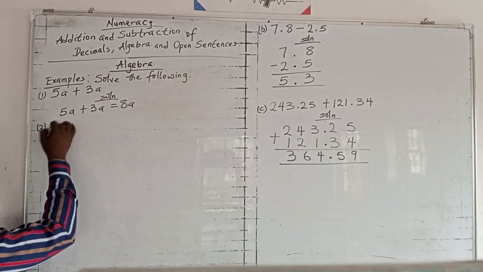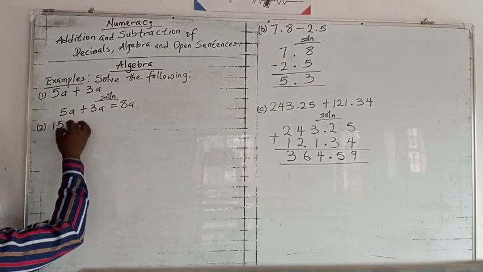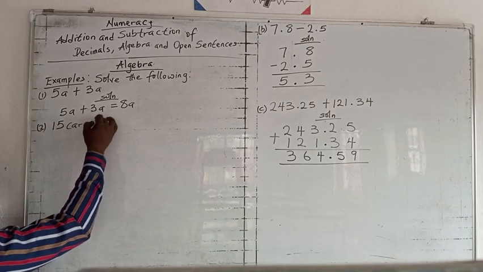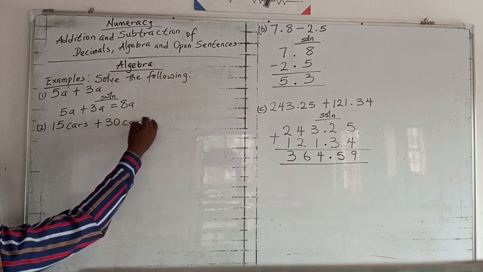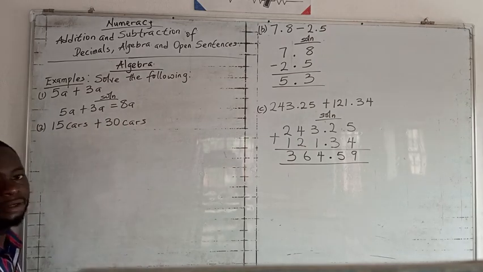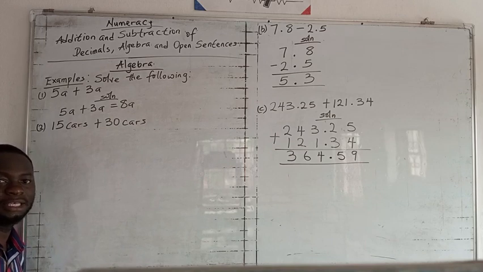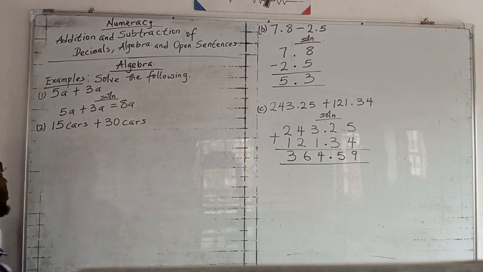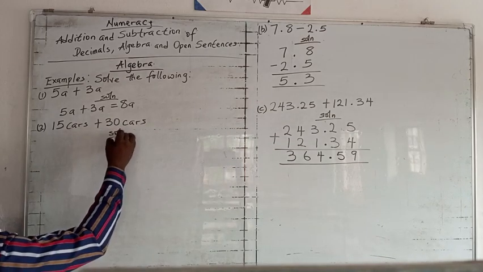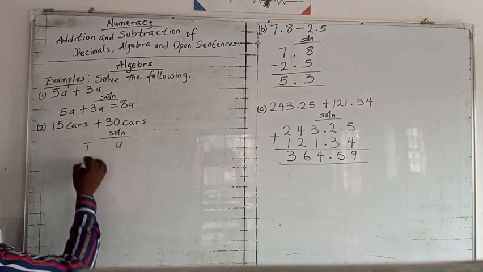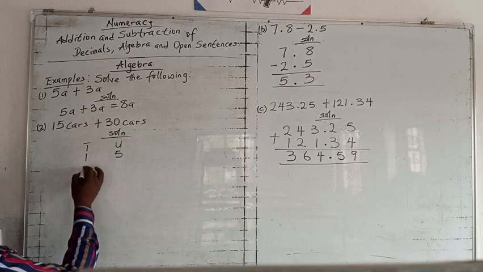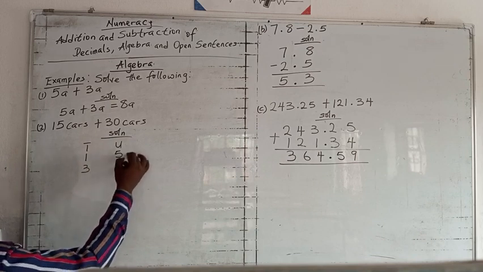Question number 2. I have 15 cars plus 30 cars. So let's solve. Solution. Here we can use our tens and units if you like. 1 ten, 5 units, 3 tens, 0 units.